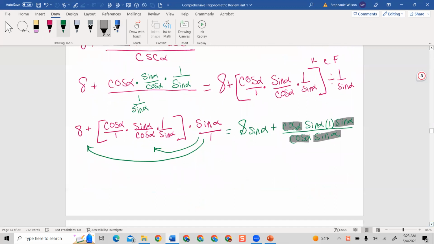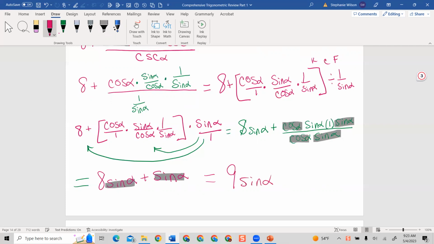So now this is equal to 8 sine alpha plus sine alpha. And since they're like terms, and what do I mean like terms? They're both sine alphas and they both have the same power. So I'm going to say 8 sine plus 1 sine gives me 9 sine alpha. And that's my answer.